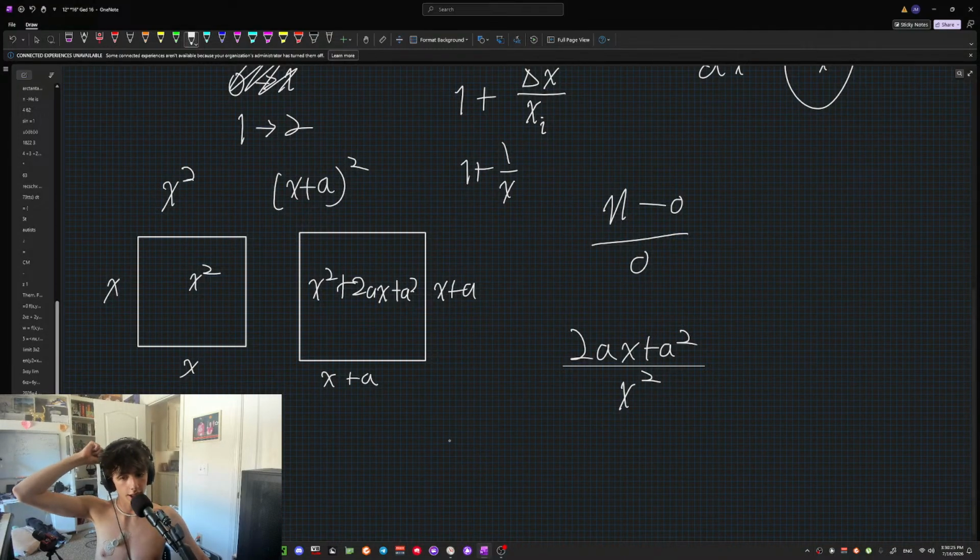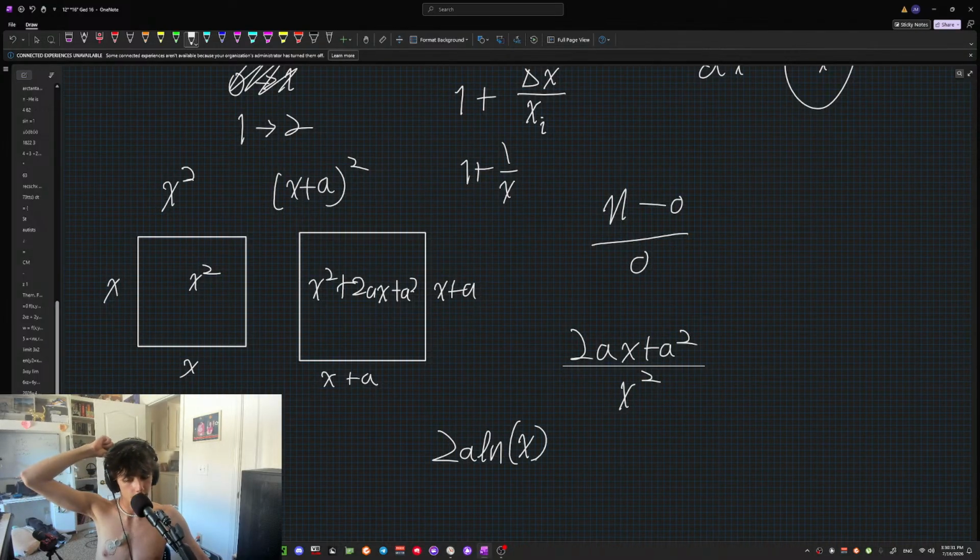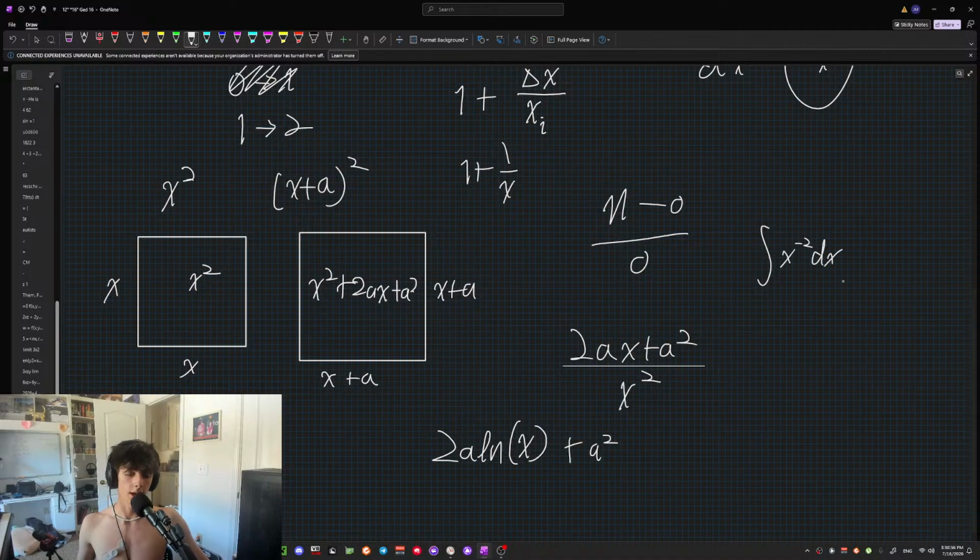So we have 2a times the natural log of x, plus the integral from 0 to t of a squared over x squared. Plus a squared, and then the integral, because that's a constant, we can just factor that out. x to the -2 dx, we get x to the -1 over -1.